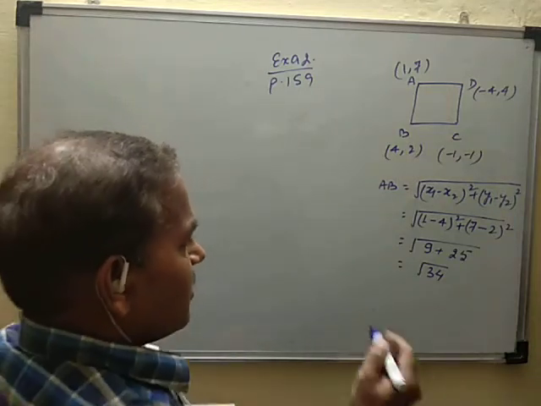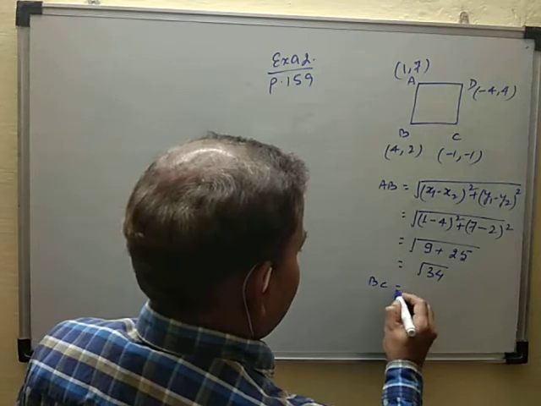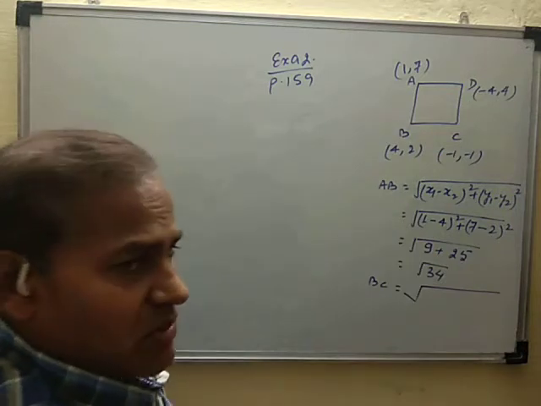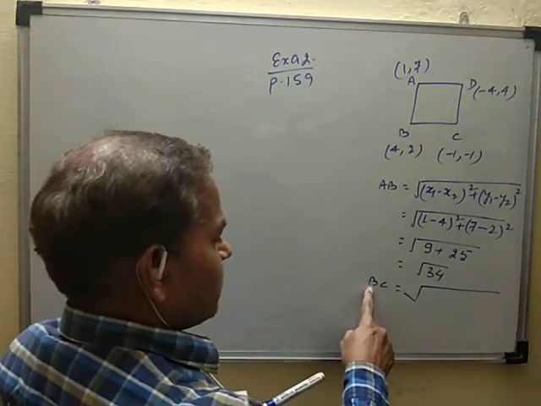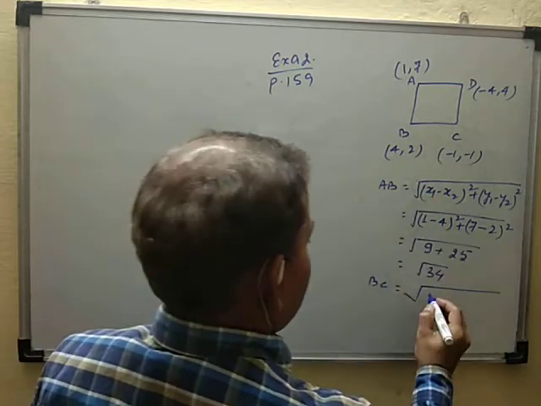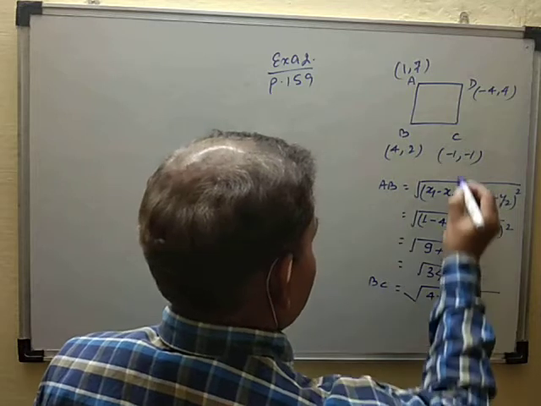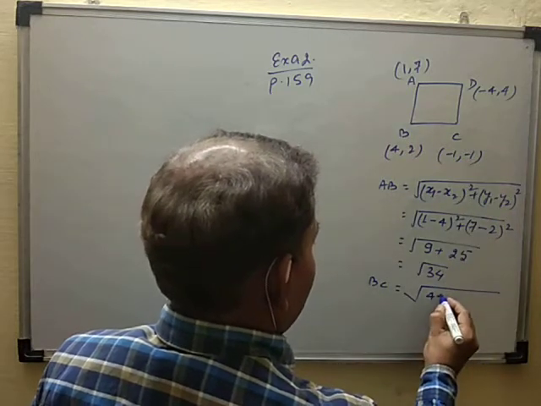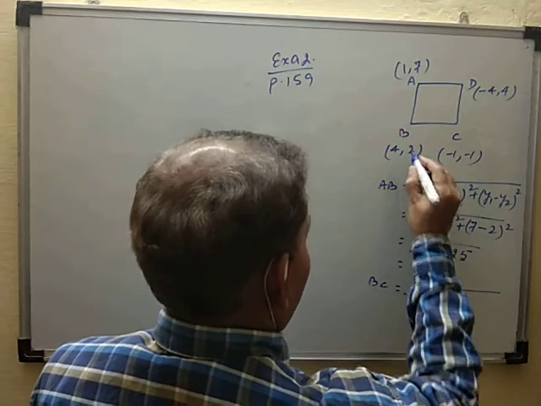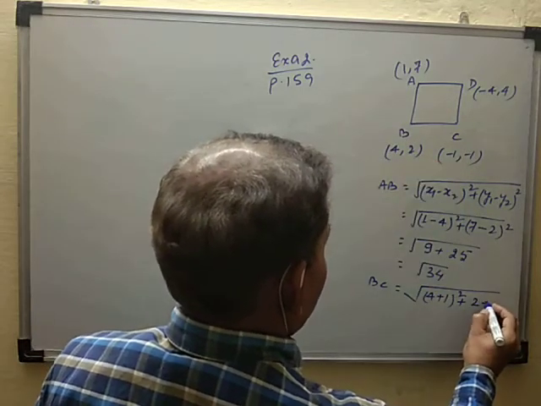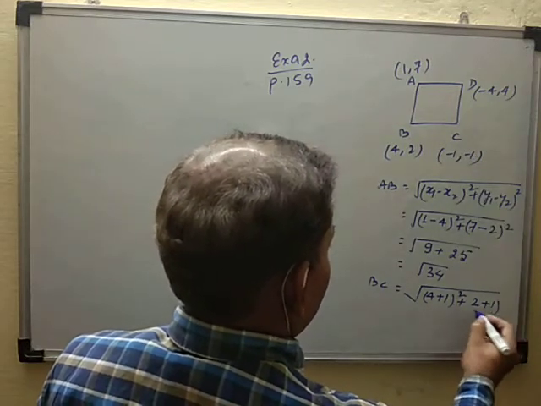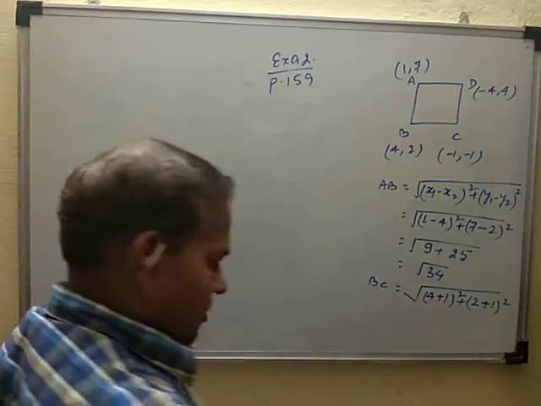Now find BC similarly. BC, square root, use the same formula, x1 minus x2 whole square. Point B is x1, y1 and point C is x2, y2. So x1 is 4 minus x2 which is -1, then minus plus, so 4 plus 1 whole square plus y1 is 2 minus y2 which is -1, so minus becomes plus, 2 plus 1, 3 whole square.